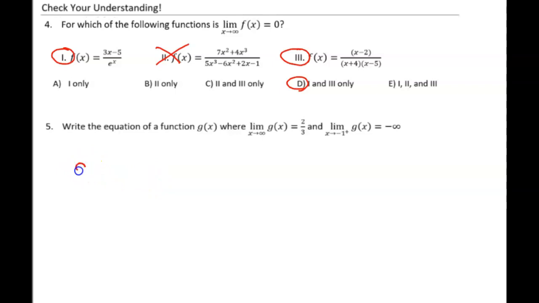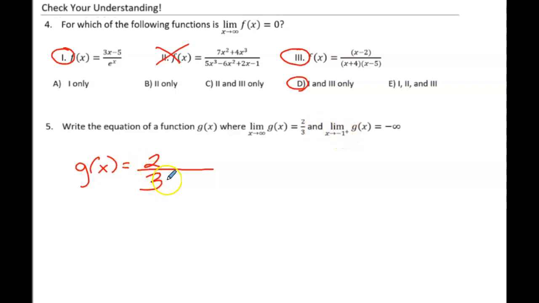So we'll have g of x equals, and our leading coefficients are going to need to be 2 and 3, and the degrees need to be the same. And then as x approaches -1 from the right side, we're going down to negative infinity. So that means we need to have a vertical asymptote at -1.